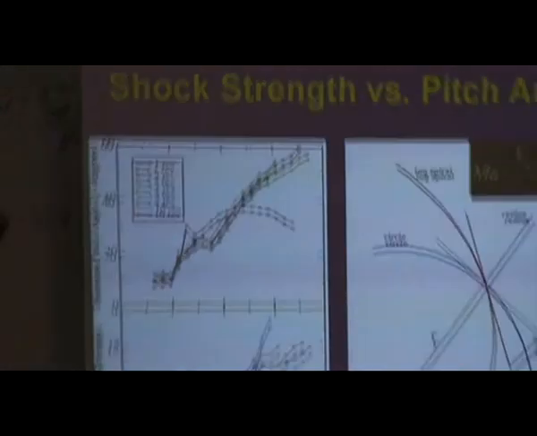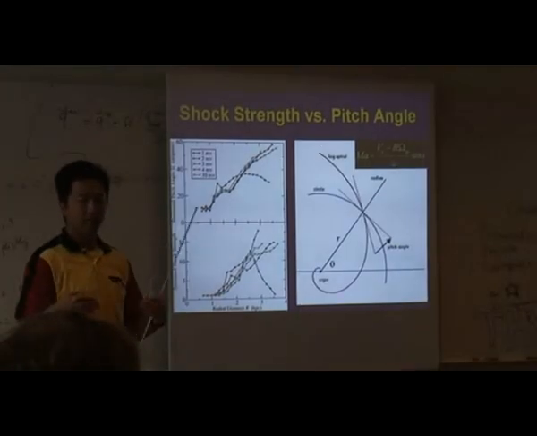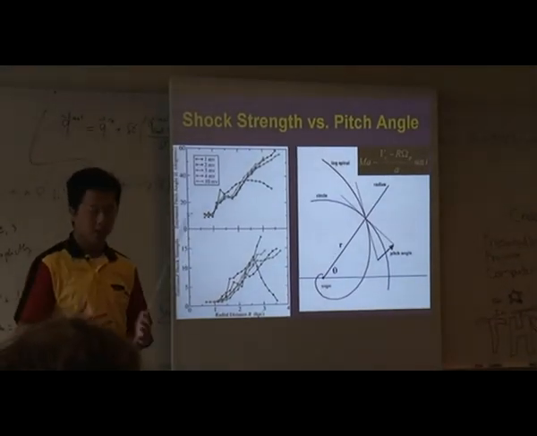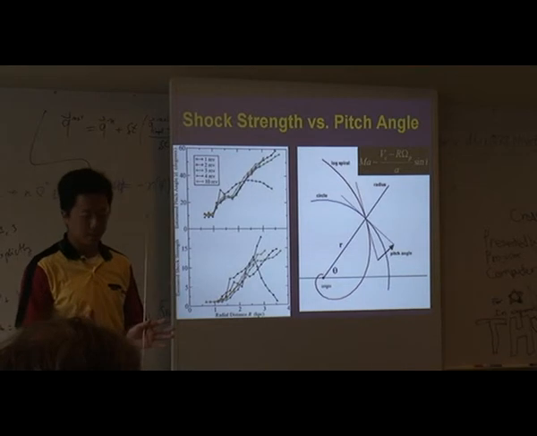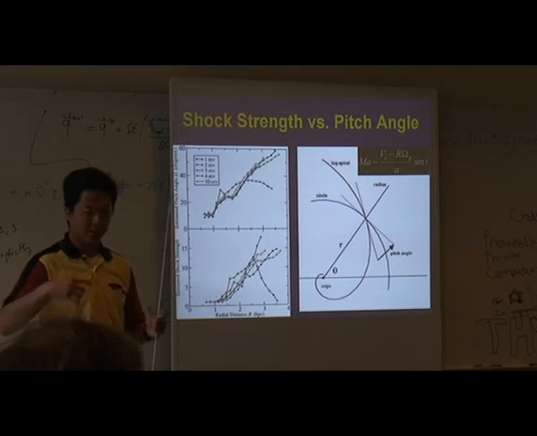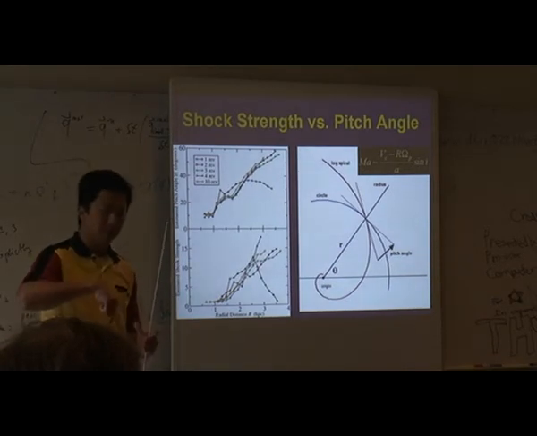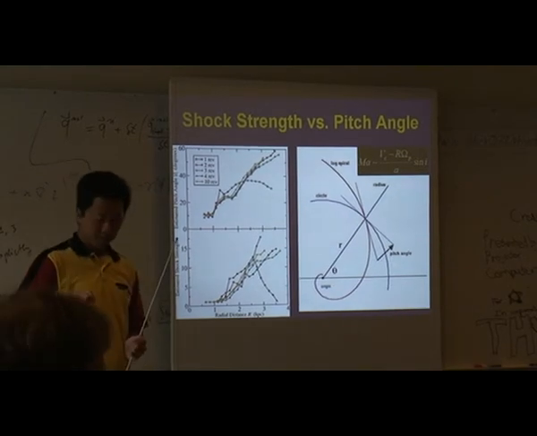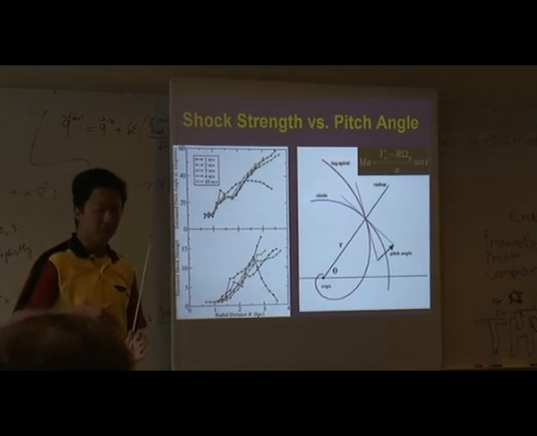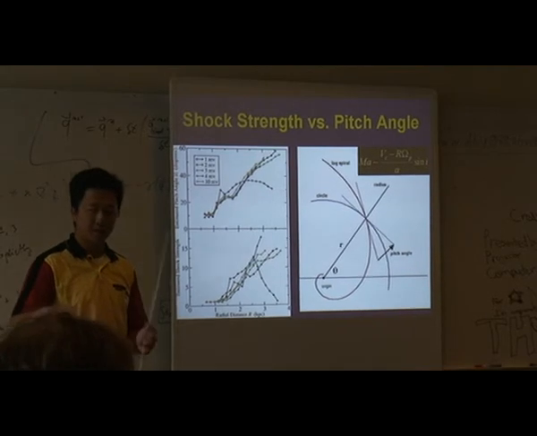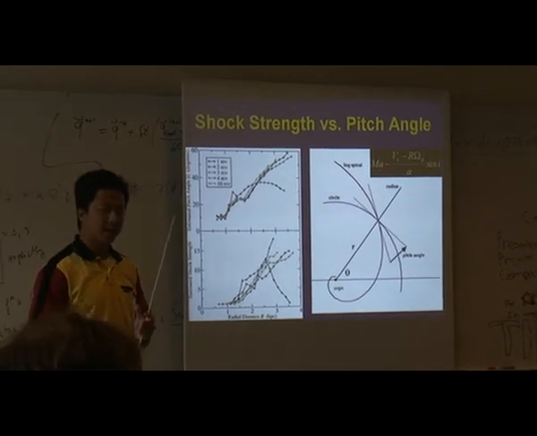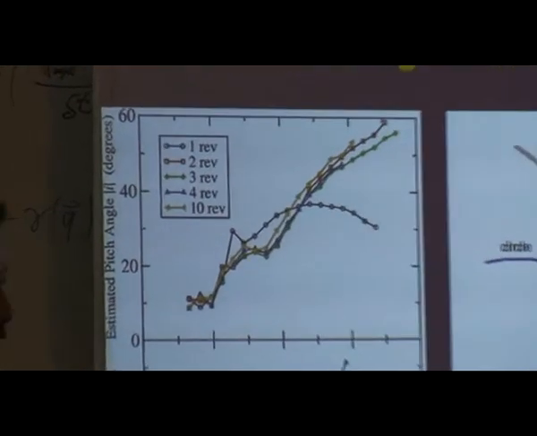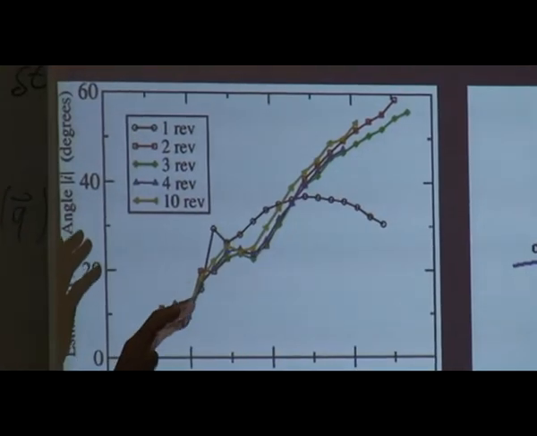So we try to connect all the pictures together. First, the spiral structure is actually determined by the kinematics of the differential rotation of the disk, and the rotation curve is just like the natural frequency of this system, and it can determine the pitch angle as a function of radius.